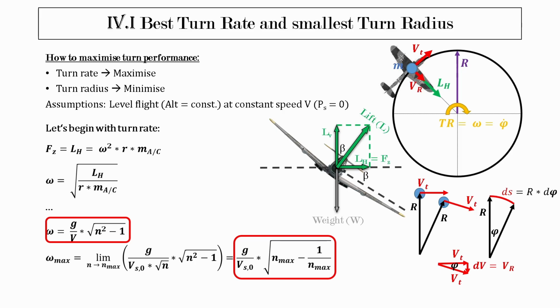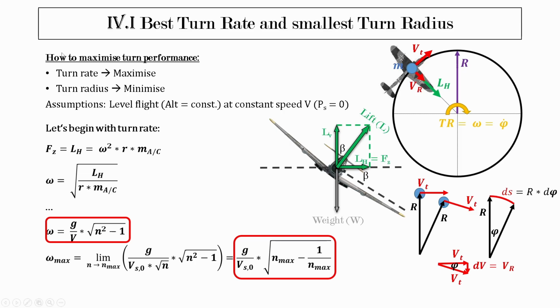When we get to the energy diagrams in chapter 2, we will see what changes when we allow the specific excess power to be non-zero. That simply means, in short, that we would have to invest energy or we would gain energy from our maneuvering.